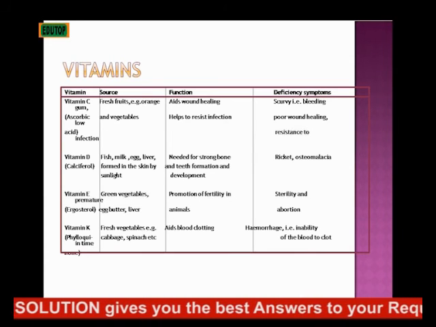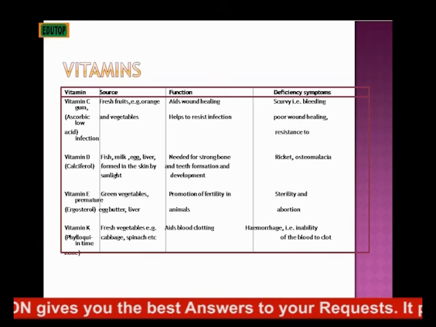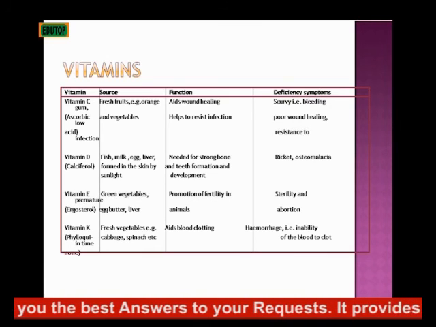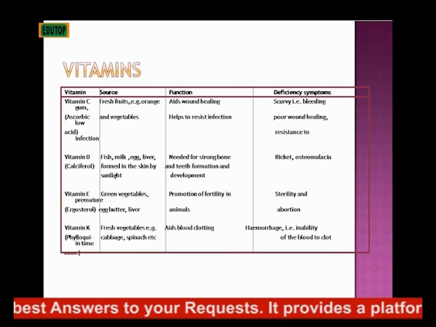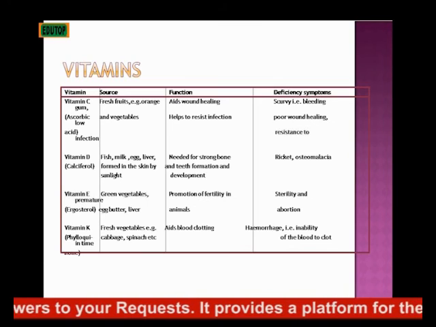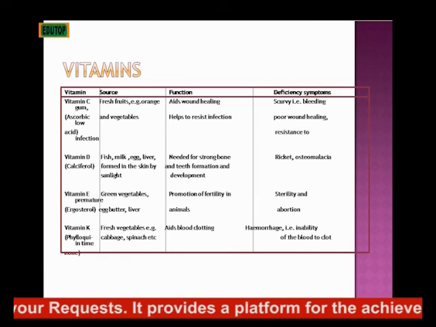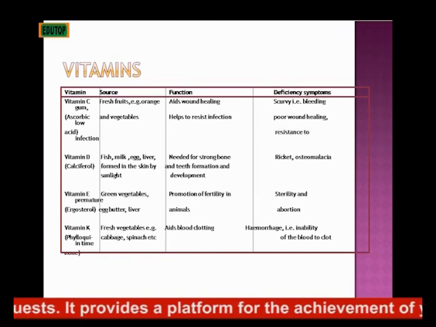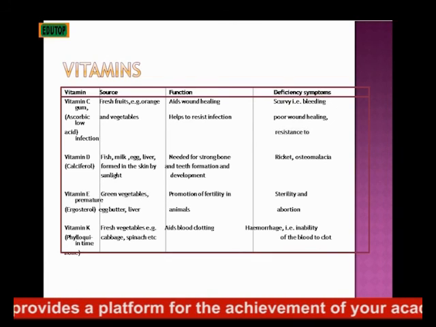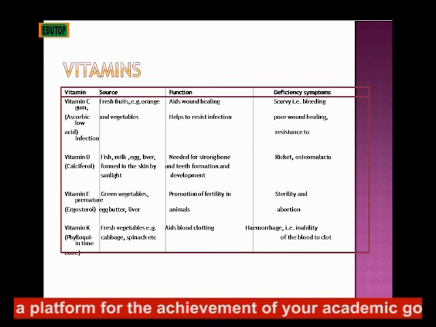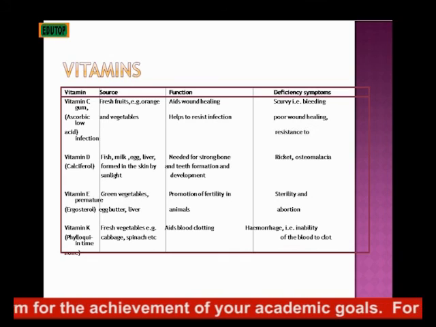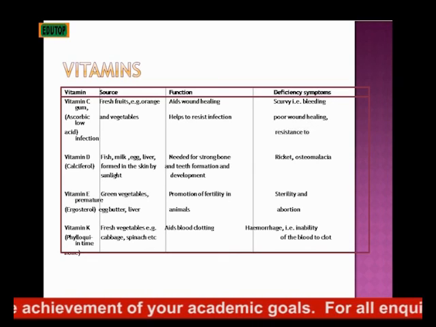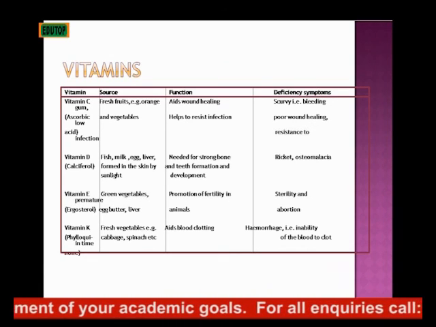Then the next vitamin is vitamin C, that's ascorbic acid. You find it in fresh fruits, oranges, and vegetables. Ascorbic acid helps in wound healing and helps to resist infection.